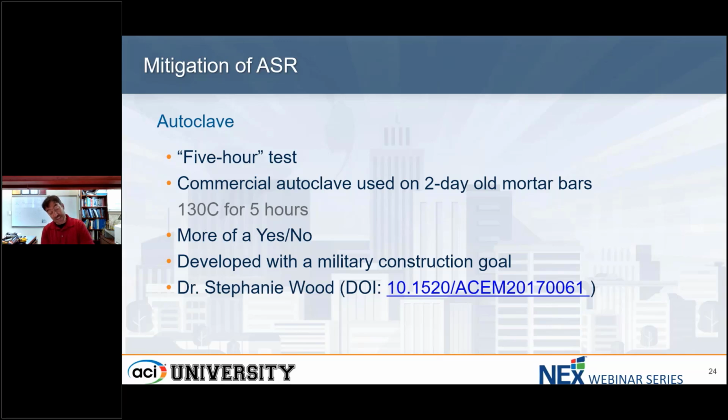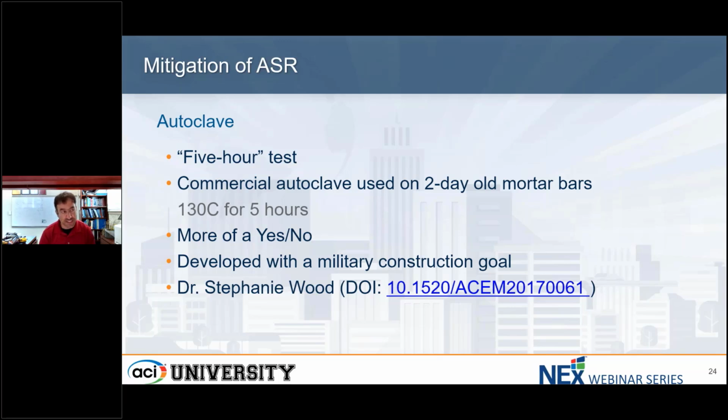Now, the first test we did is actually not an ASTM test. They've been trying to get this to be an ASTM test. There are some challenges, but basically we have a test from the literature, the research, that is a 5-hour ASR test.